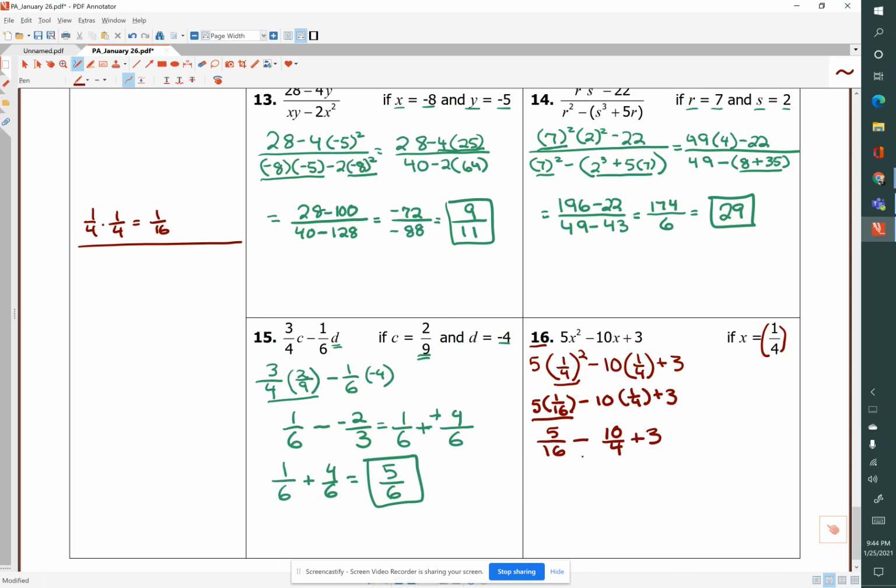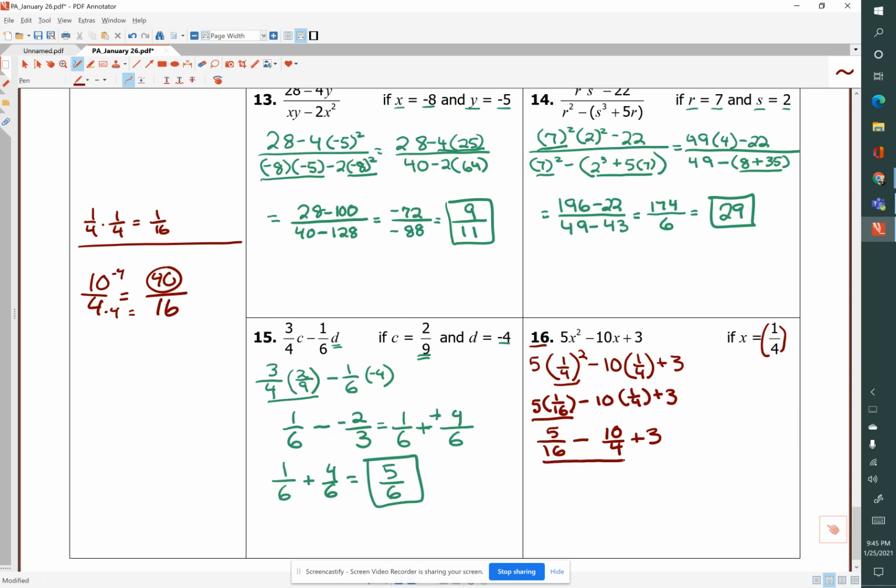So in order to subtract 10/4 from 5/16, we're going to have to convert that 10/4 into 16ths. And we need a new number for the numerator. Well, we know that 4 times 4 equals 16, so we'll multiply 10 times 4 to get 40.